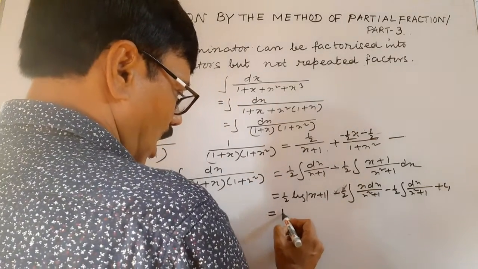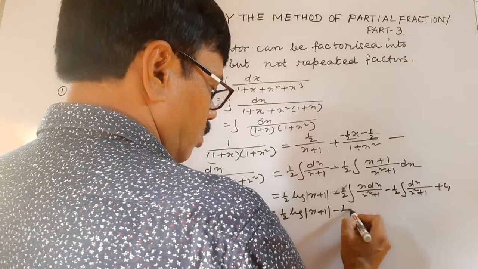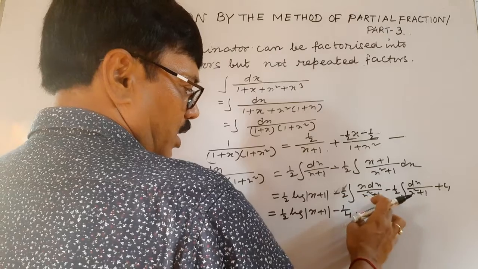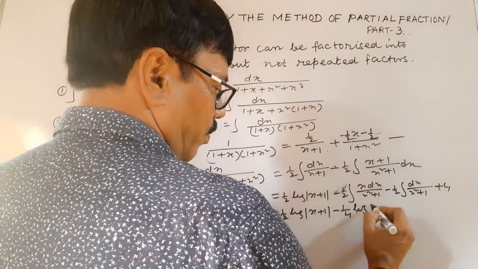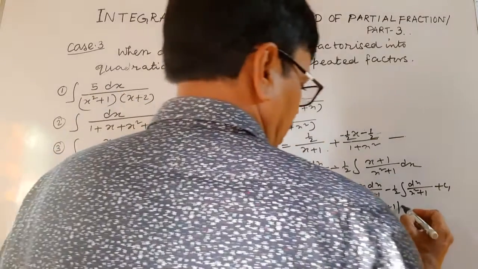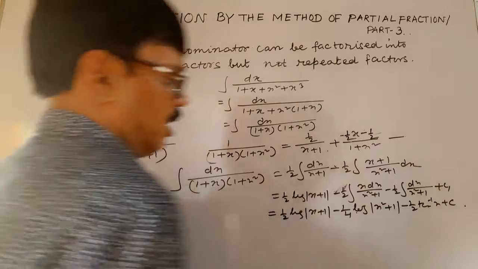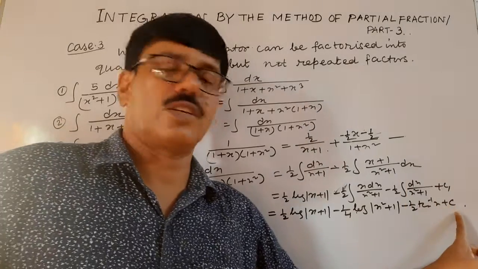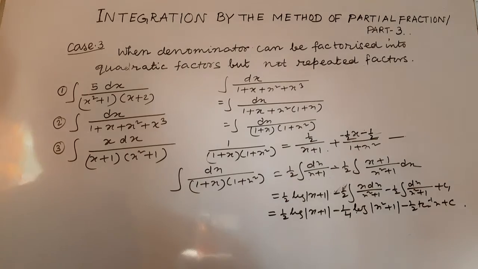So it is half log mod x plus 1 minus 1 by 4 log (x square plus 1), since the derivative of x square plus 1 is 2x, plus half tan inverse x plus c. Here it is c1, again one integration constant, adding we get c. So listen again.